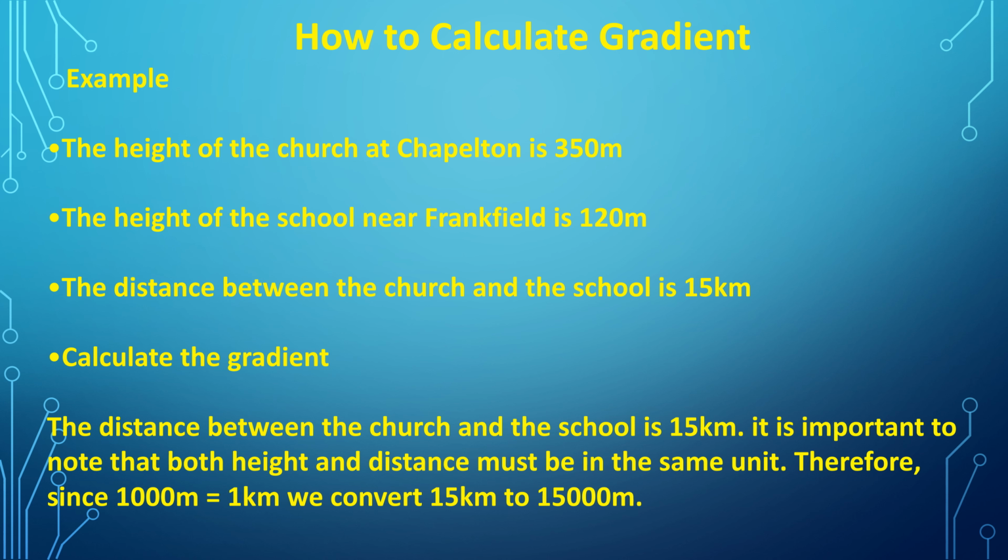Therefore, if we convert our 15 kilometers into meters, we will get 15,000 meters. And that is what we need to do in order to properly calculate our gradient. So now that we have achieved converting our kilometers into meters, let us go right into the fun part.